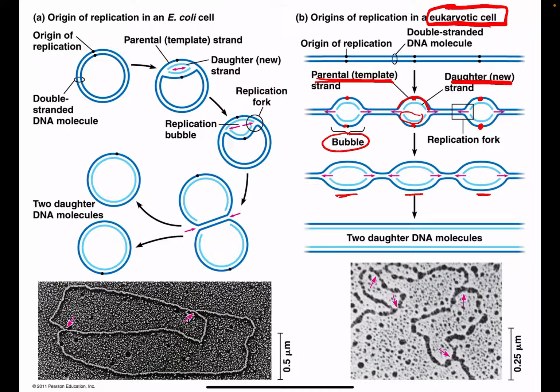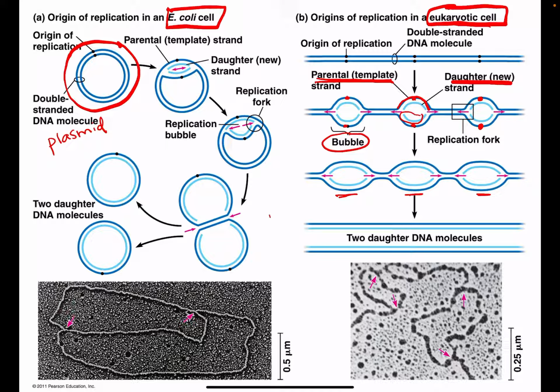Now, this shows E. coli, so E. coli is going to be a prokaryotic cell. Bacterial cells have a little bit different DNA. Their DNA is a circular molecule, and that's called a plasmid, okay? A circular DNA molecule.